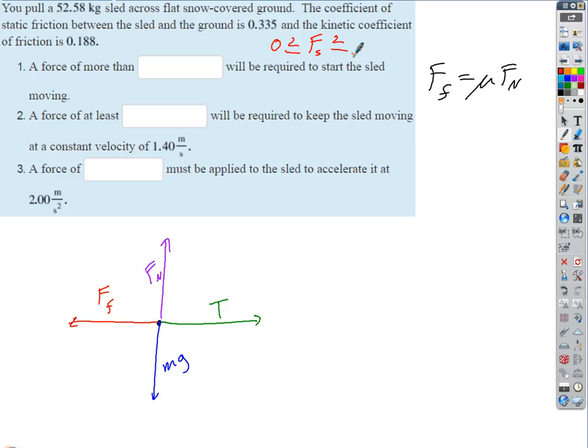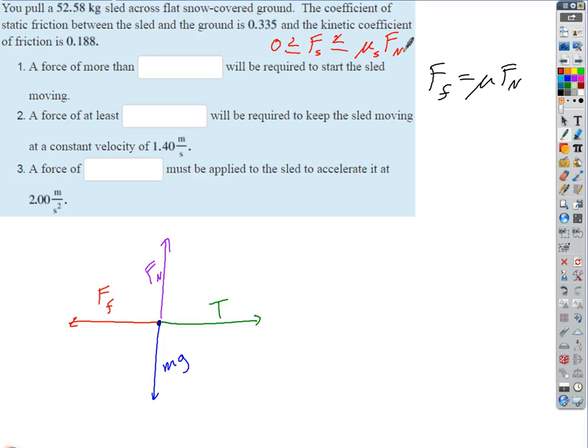If it pushed back with the full strength of the static frictional force when I pushed a little bit, it would accelerate towards me. That doesn't make sense. It just offsets my push until I hit the threshold, and when I push hard enough, the static frictional force can't resist and it starts to accelerate. So it's going to provide an infinite number of strengths greater than zero, but it's going to max out at mu sub s times the normal force.